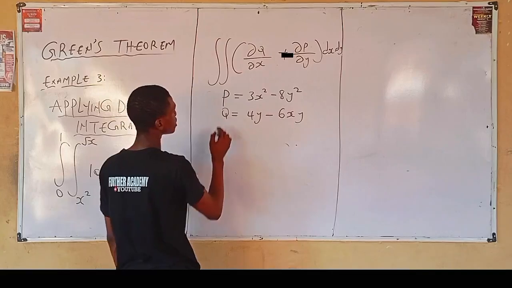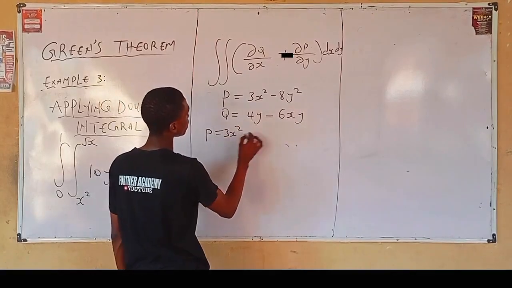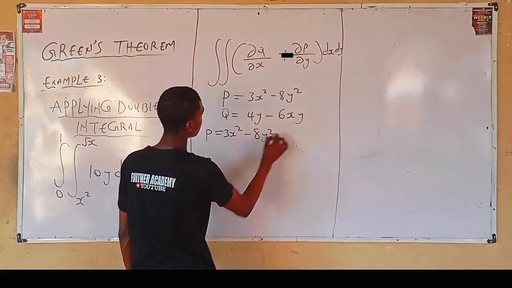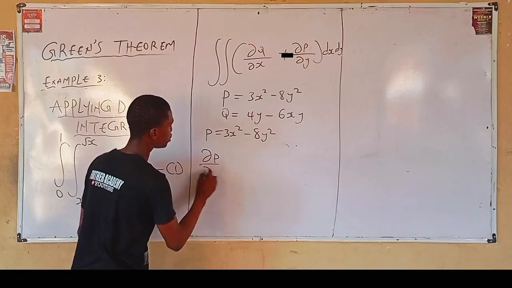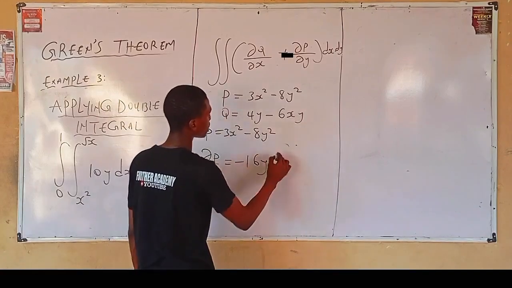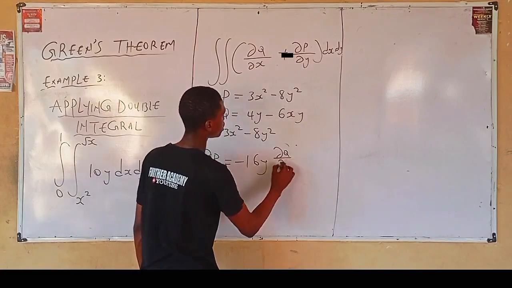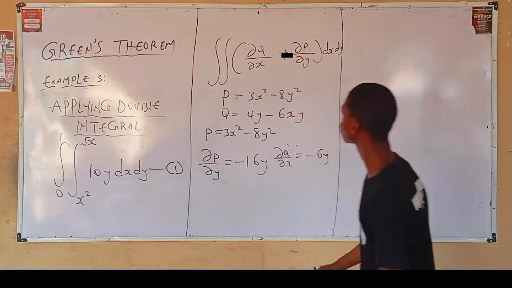Now since you need these two functions, differentiate. When we differentiate the first one with respect to y, meaning the partial of P over dy, you get your answer to be negative 16y. And when we differentiate the second function, meaning the partial of Q over dx, you get negative 6y. So substitute.